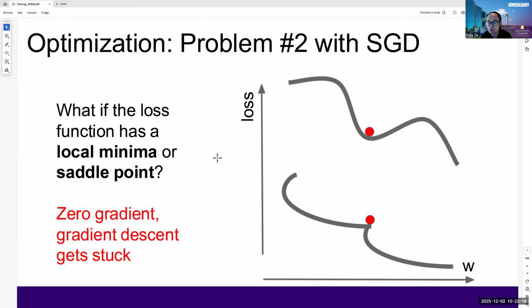Okay, so this is problem one. Problem two is in stochastic gradient descent, particularly mini-batch gradient descent. If we have a local minimum or a saddle point that has zero gradient, normal gradient descent will get stuck.